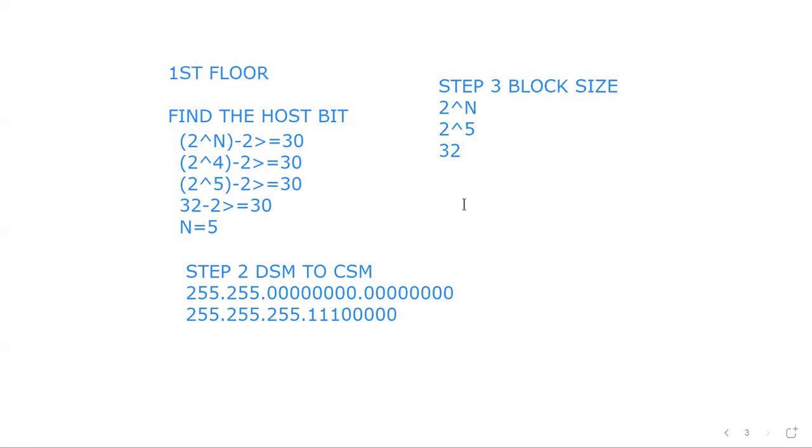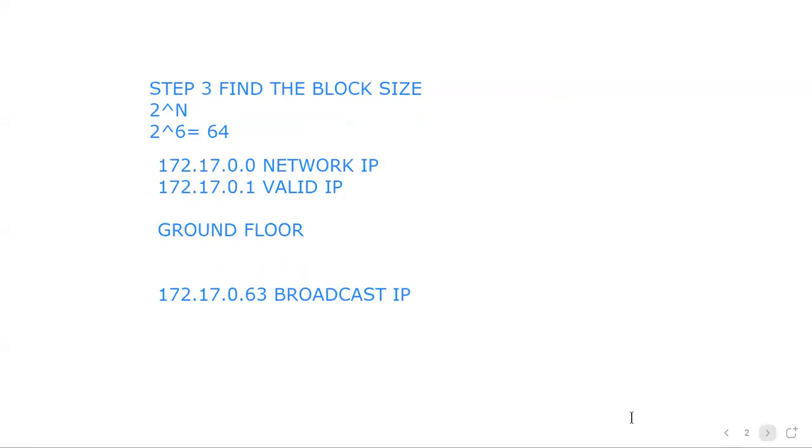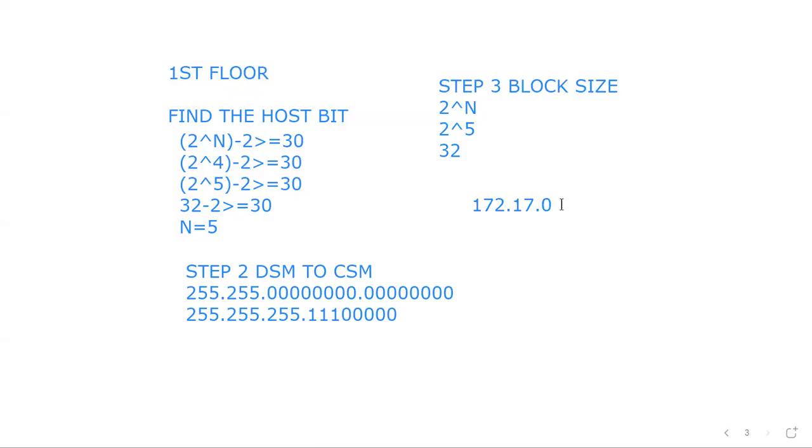So let us put our IPs. 172.17.0, the IP used after this is 64, so .64 is our network IP.